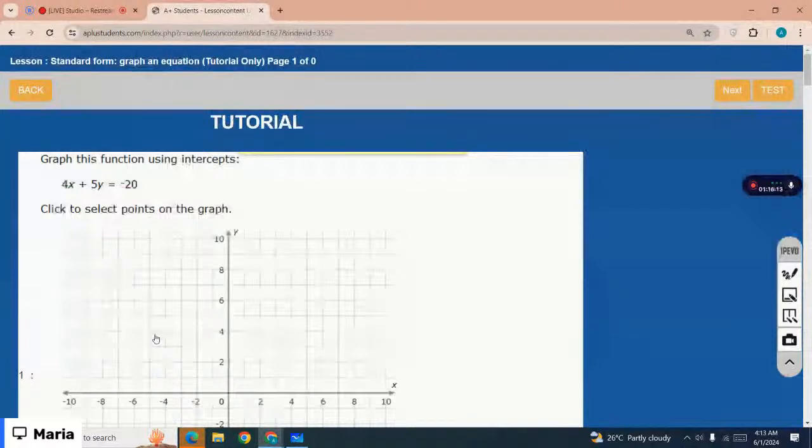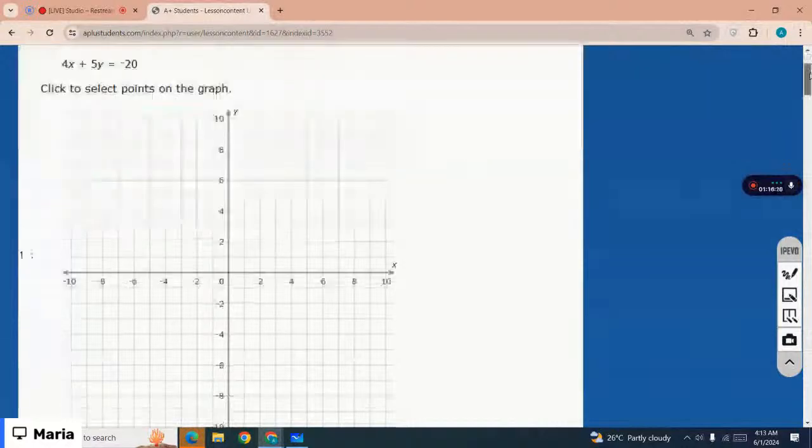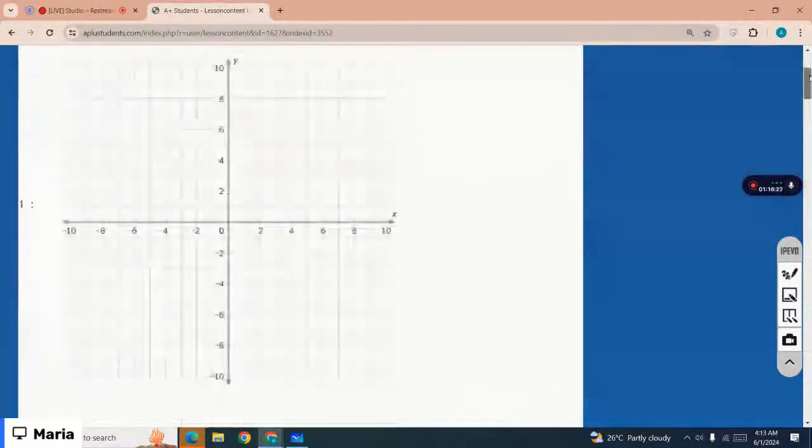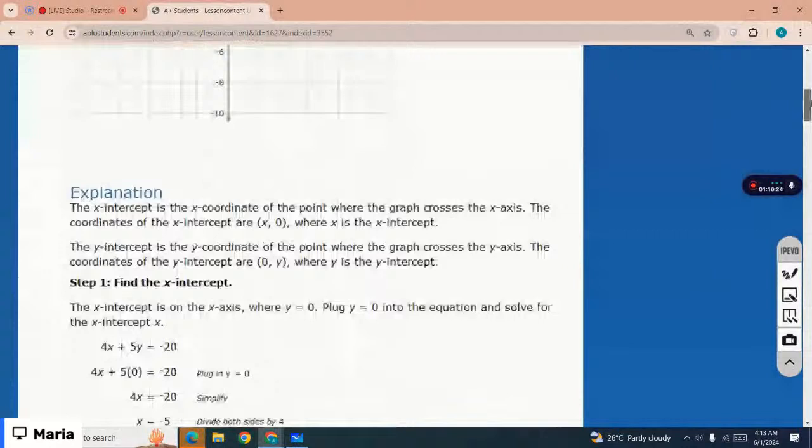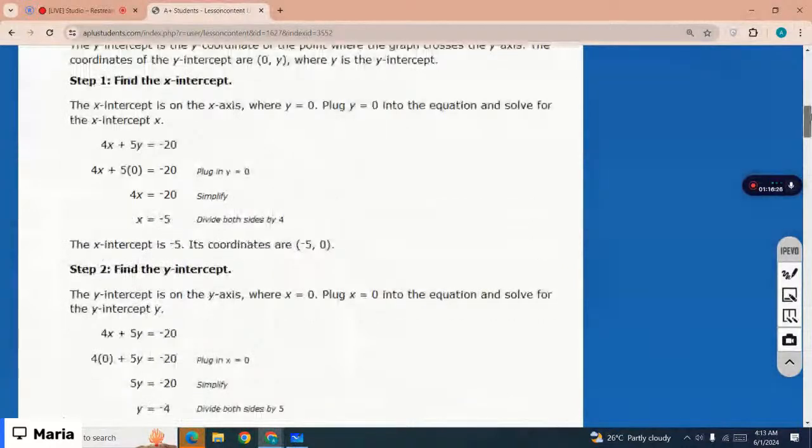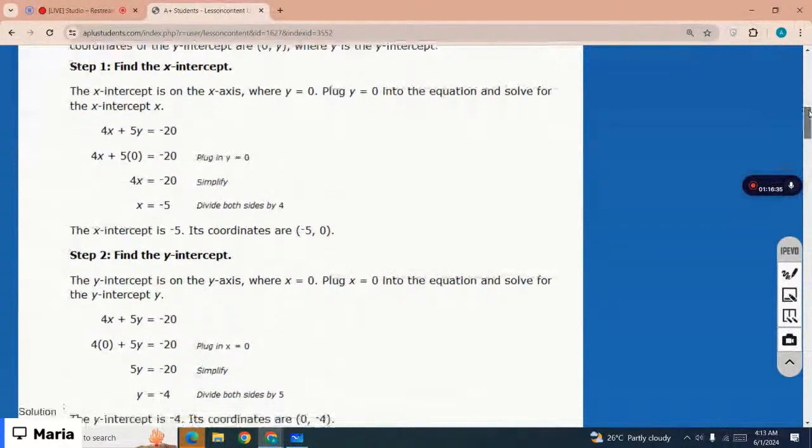You have to find the intercepts first and then graph the equation. We just learned how to find the intercepts: the x-intercept and the y-intercept. Whenever we have to find the x-intercept, we need to put y equals 0 in the equation. So when y equals 0, x equals -5.